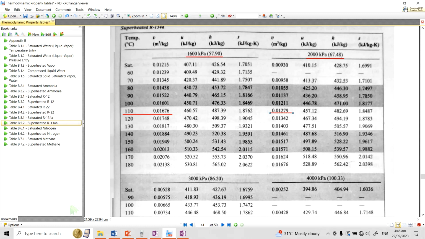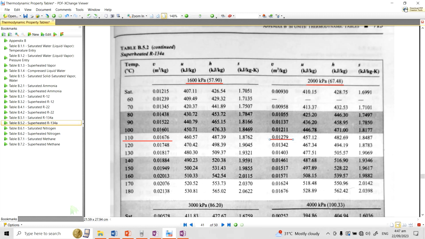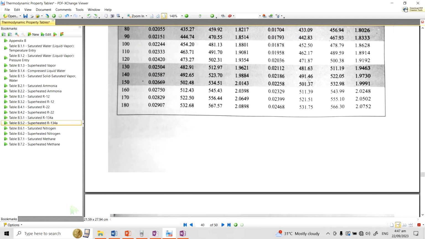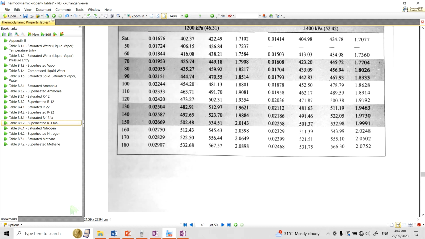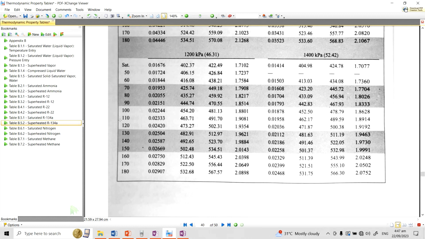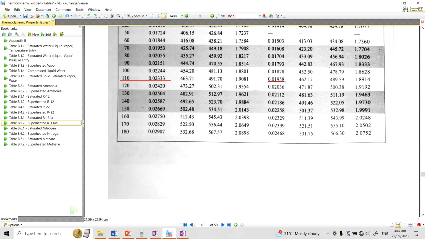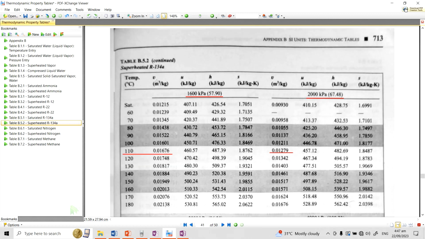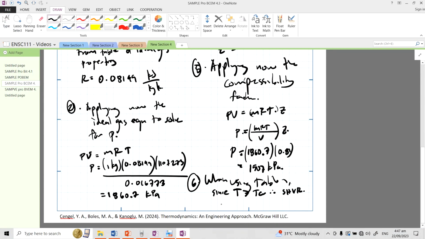So more or less it's somewhere here. That means the pressure at this specific volume and temperature would be 1600, so the pressure is equal to 1600 kPa.